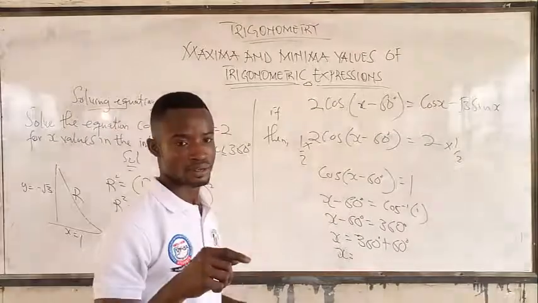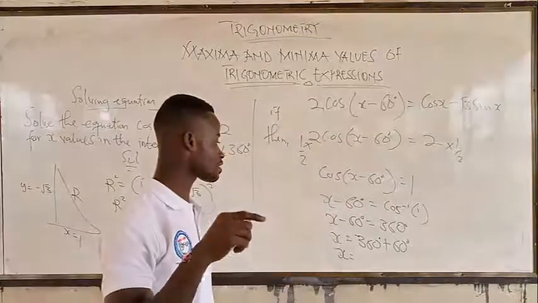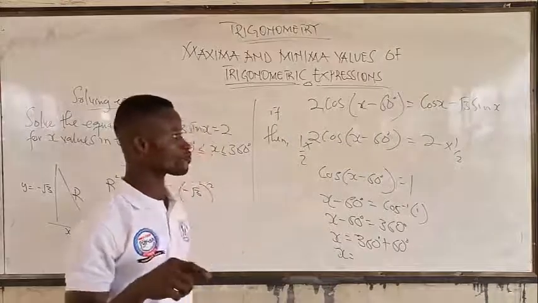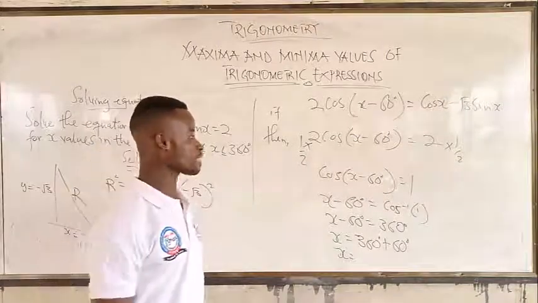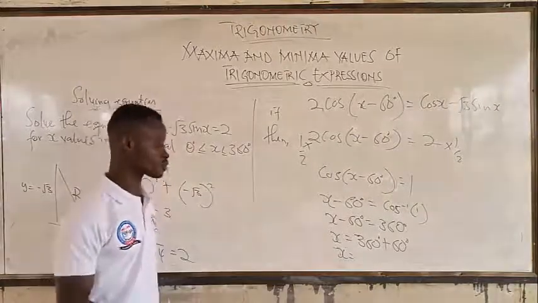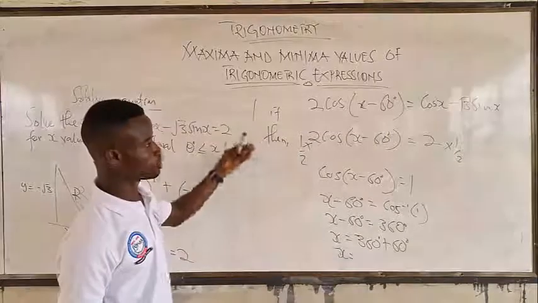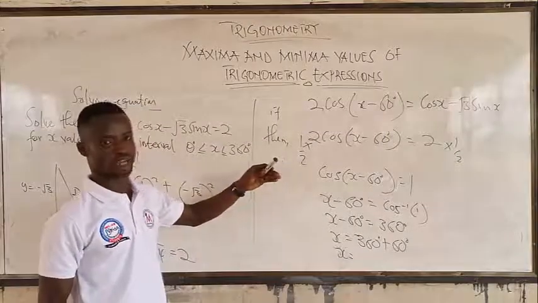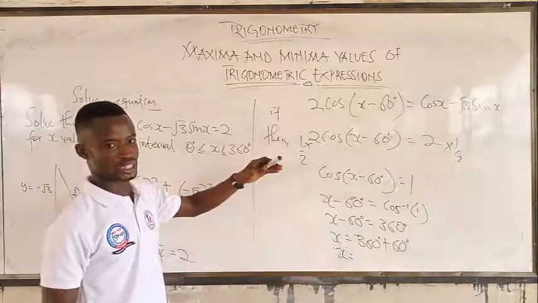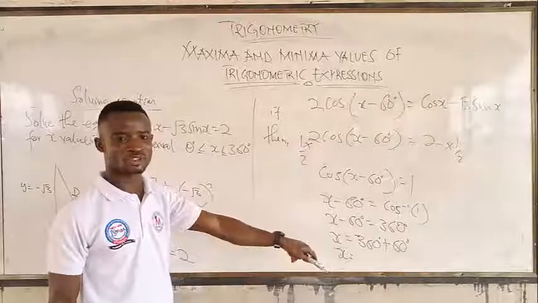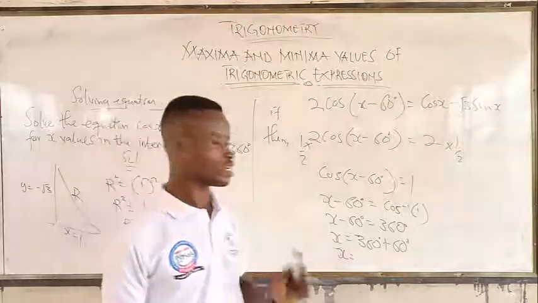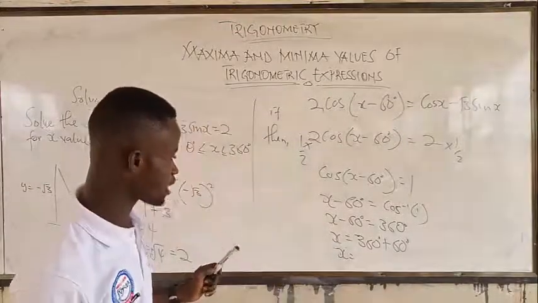The tan inverse of square root of 3. Check that one for me. You use the angle you get, the alpha you get, and go through the same procedure, and your final answer is supposed to give you 300 degrees.